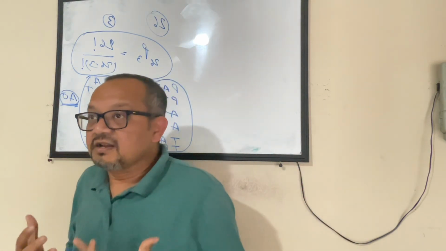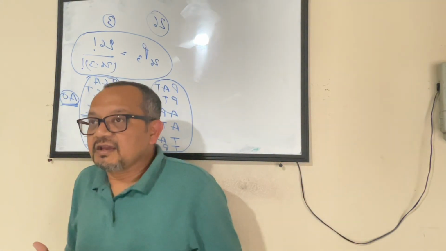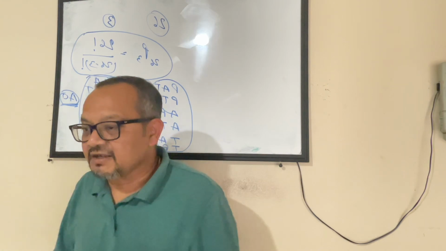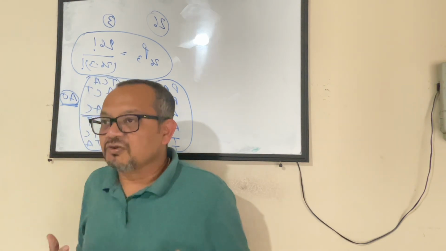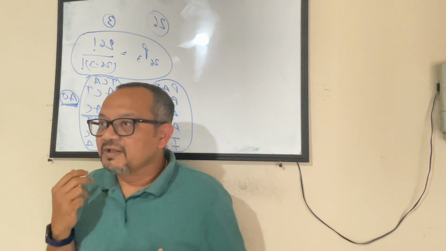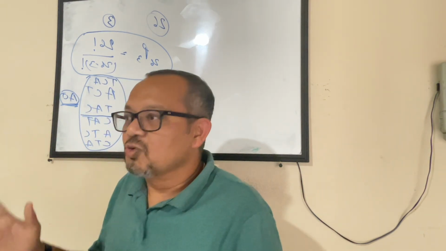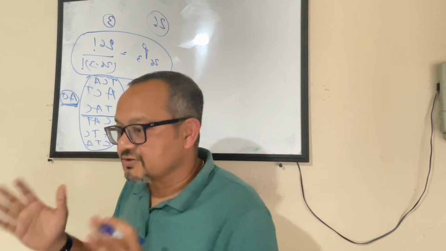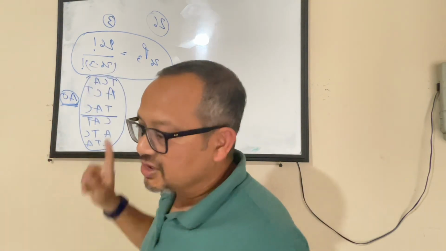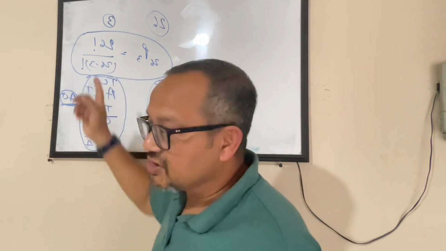Meaning, again, a combination is like, let's say there are 10 kids in the class. I want to create groups of 3 kids each, regardless of who comes first, who comes second, who comes third in that group. That is combination, which is different from permutation.